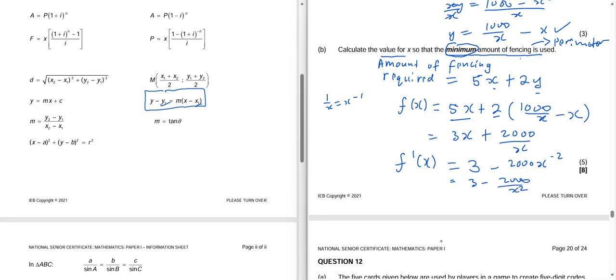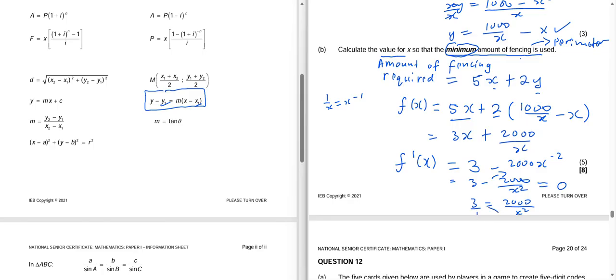You need to remember the laws of indices. And we need to set it equal to 0. Now we can throw this to the other side. So we have 3 is equals to 2000 divided by x squared, this is the same thing as 3 over 1.